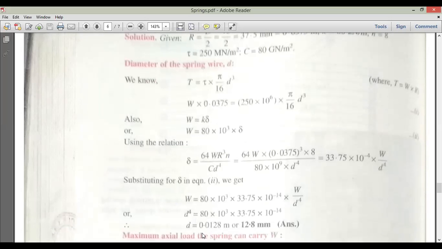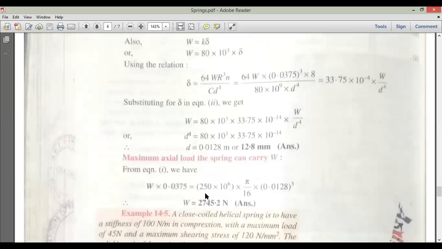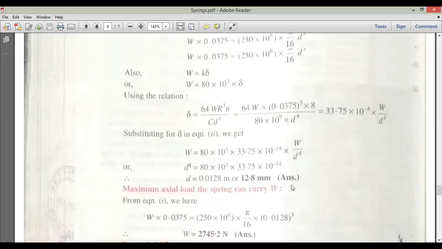So now the axial load it can carry is W into 0.375. We have already found that the weight is applied by a distance of 0.375, which is the deflection. So this value is taken from here, 250 to the power 6 minus 10 to 16.